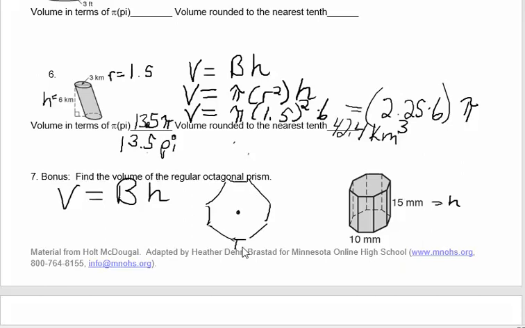In this case, every side of the octagon is 10. So you have one triangle within this octagon. There would be 8 of them. And one of those triangles you can blow up, and then you can use trigonometry to find the height, the apothem of that triangle, and go back and look at chapter 9 to see how to find the area of this.